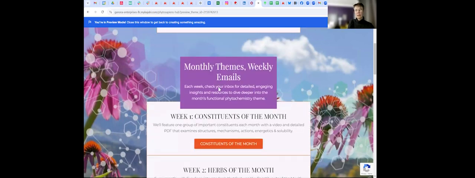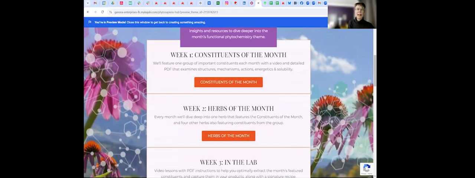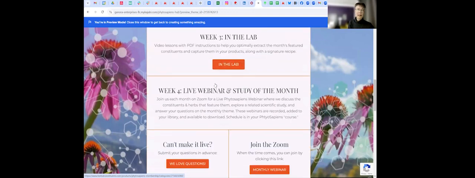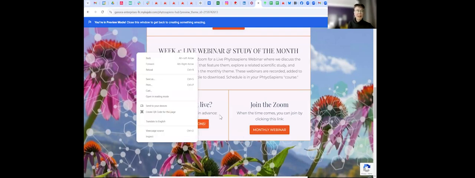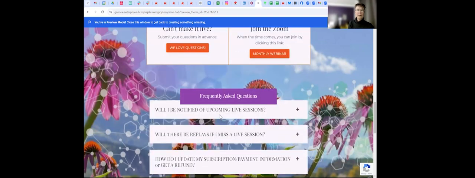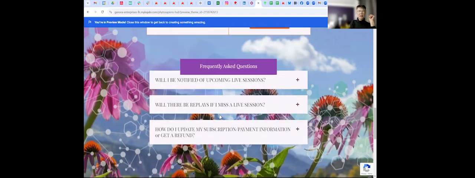And then this is a repetition of what I said, and you can jump to your course from here too, right? So if you want to go back to where we were just looking at constituents of the month or whatever, you can jump there. There's links for the live webinar that we have, which are handy. And then we have frequently asked questions, where do I find this?